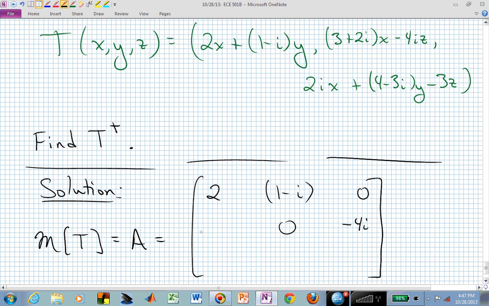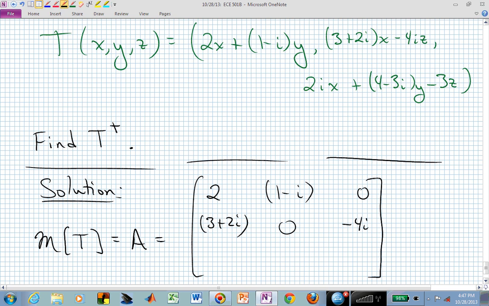And my x piece? Is it clear where these are coming from? This is now my second row of this matrix representation of the linear map T. This is a linear map T, and now I want to be able to apply this matrix representation to any vector, in this case x, y, z, and produce this result.